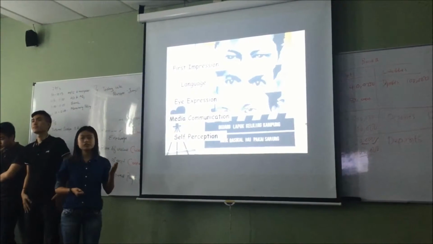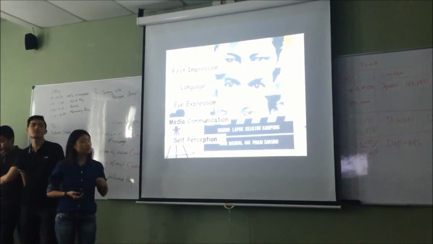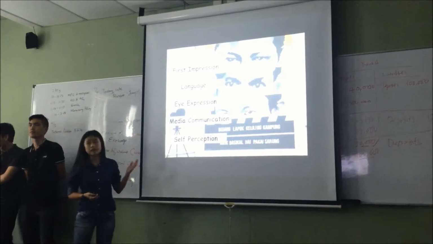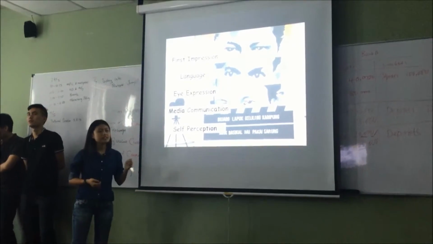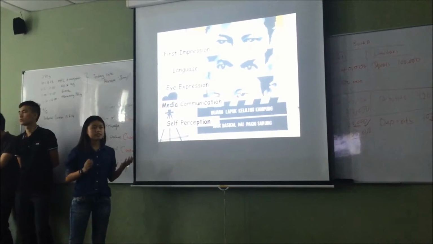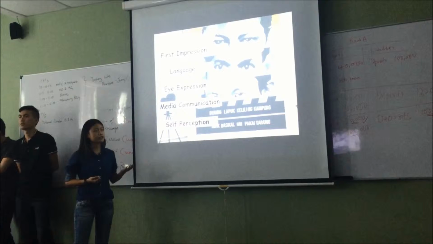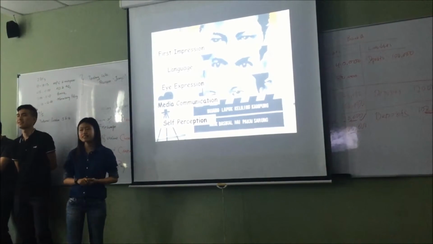These 3 actors use different eyes expressions to play their roles in the movie. For example, as you can see on the mural art, the first one shows he was in anger. The next one shows he was concentrating to listen to something. Well, for the last one, his eyes expression looks mysterious.